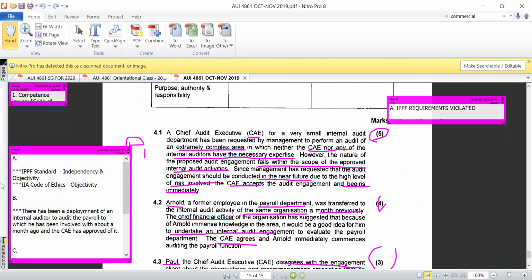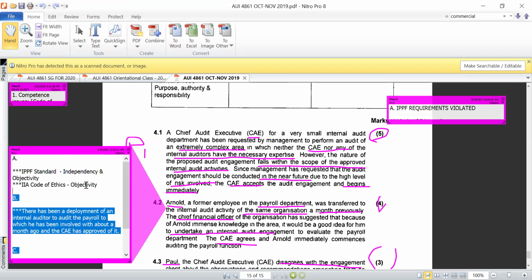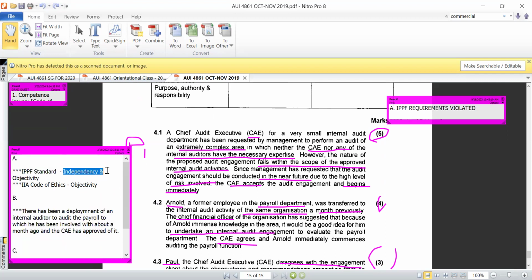In terms of the IPPF standards, it's the standard on independence and objectivity. I believe it should be standard 1200. And then the IIA code of ethics principle violated, the obvious one in this case, is objectivity.